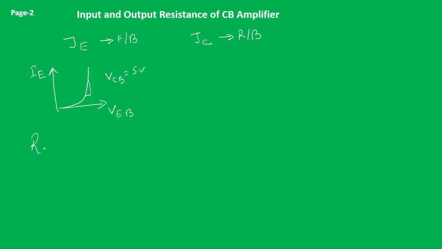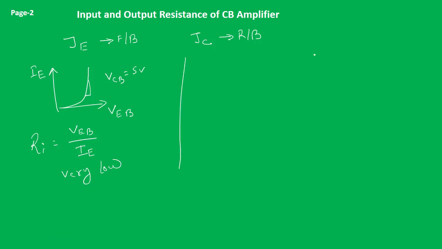So the input resistance Ri, which is VEB, the input voltage, divided by input current, is very small, very low for transistor in common base mode.